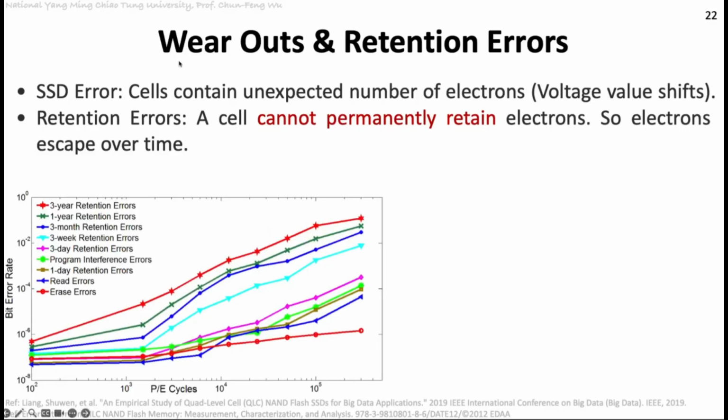There is a lot of research on this because if you look at this figure here, the x-axis indicates the PE cycle. The PE cycle means how many times you program the whole SSD and erase the whole SSD. So PE cycle 1 means you write a lot of data in this SSD.